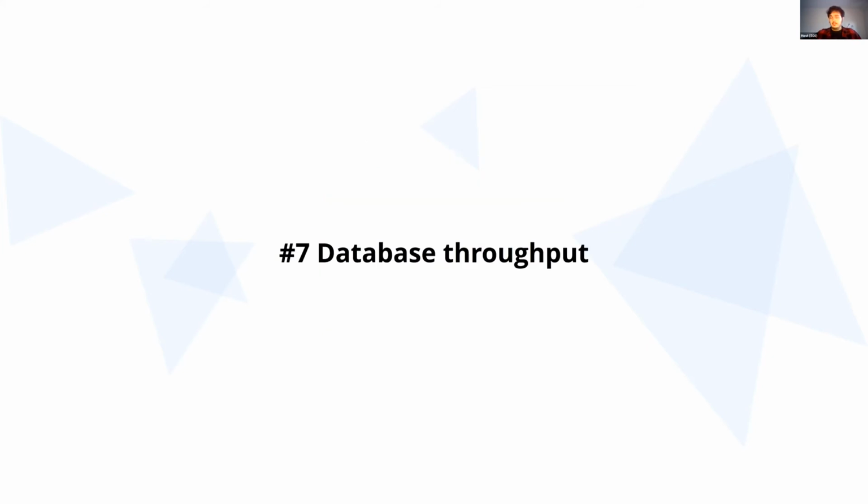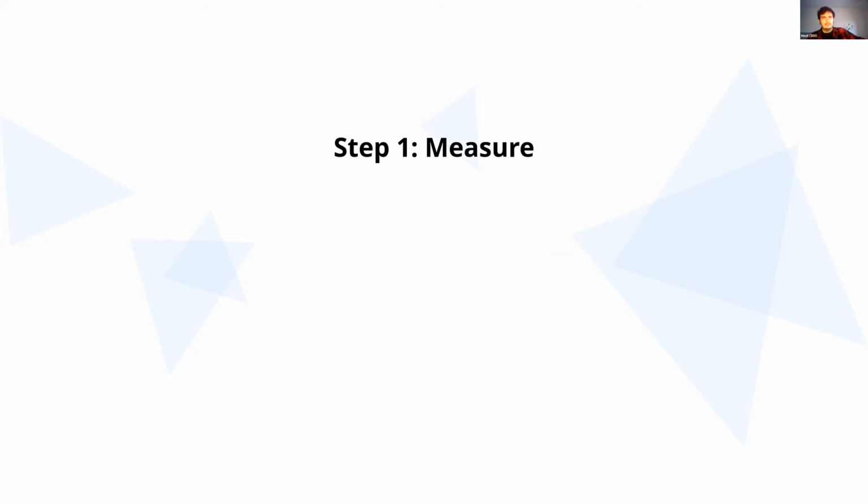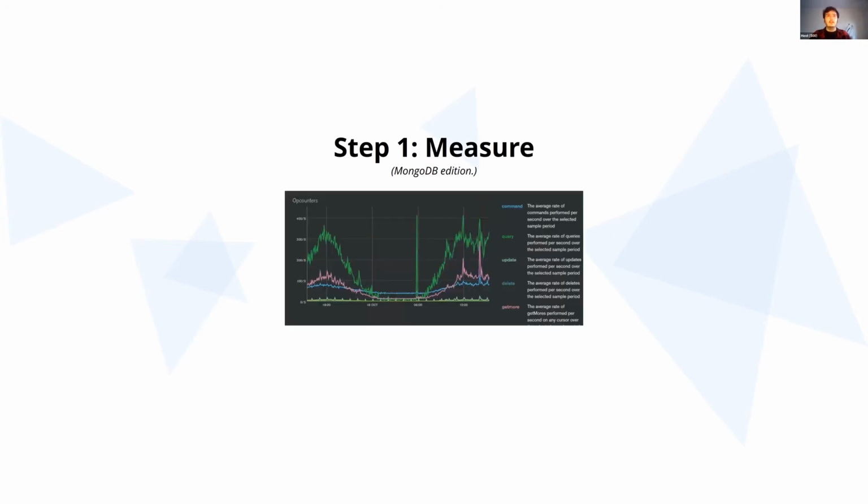And as we're talking about databases, let's think about the database in general. Let's say how to measure your database performance, MongoDB edition, of course, because we are talking about Meteor, right? There are some tools to work with MongoDB. There are some CLI tools, some GUI tools, but most importantly, if you are using MongoDB Atlas, which I extremely recommend, you have really powerful tools at your fingertips.